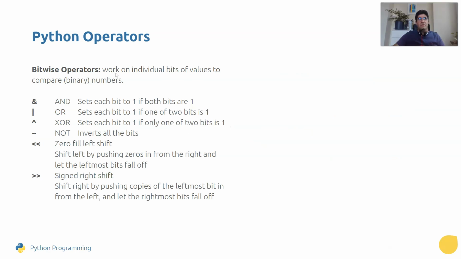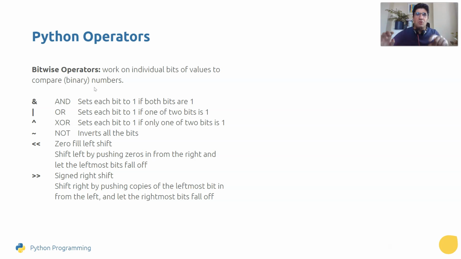Bitwise operators, in fact, work on the individual bits of values to compare binary numbers. So if you want to use bitwise operators, you need to know about the binary system.